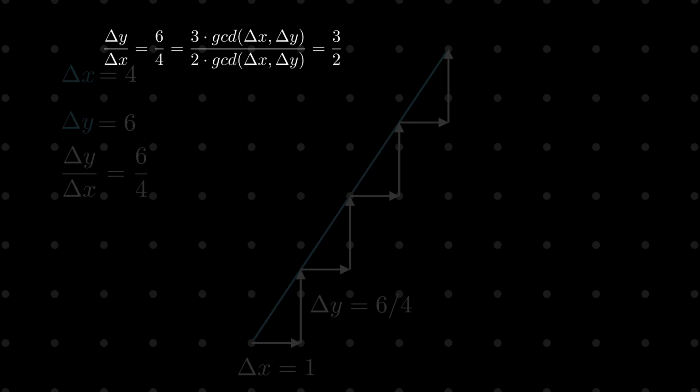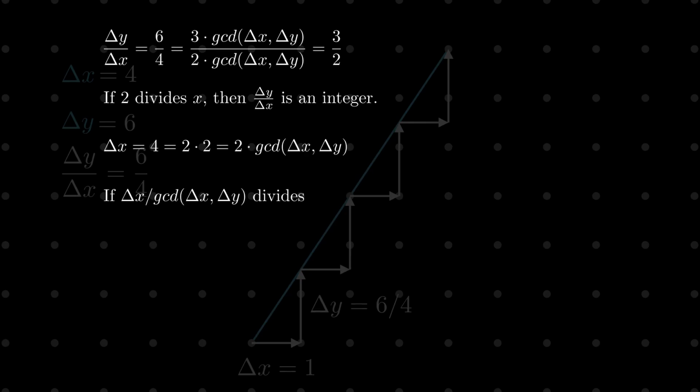If x is increased by 1, then y increases by 3/2. Now every time we hit a point, both of the coordinates have to be integers. So 3/2 multiplied by the x value has to be an integer. That means x has to be divisible by 2.